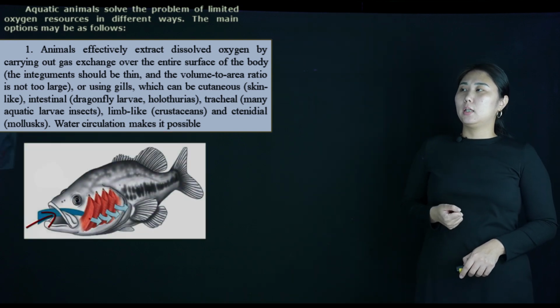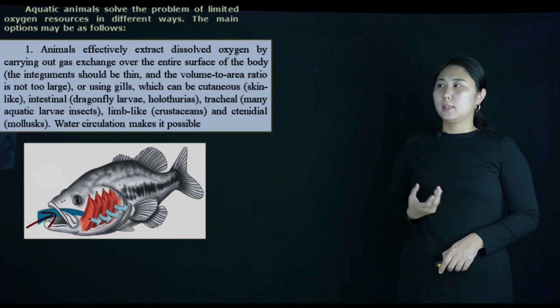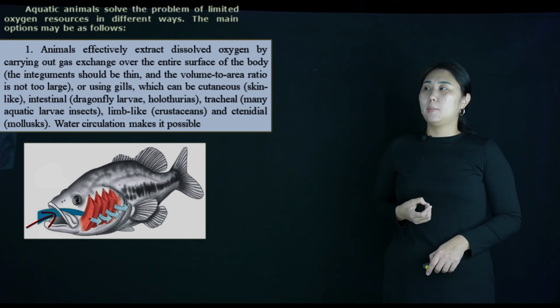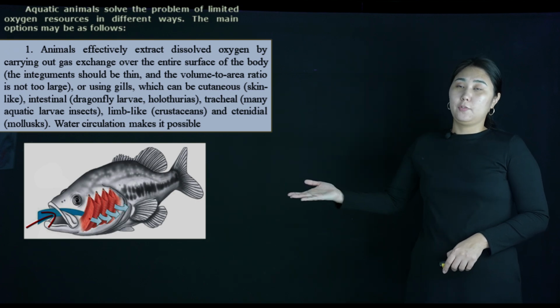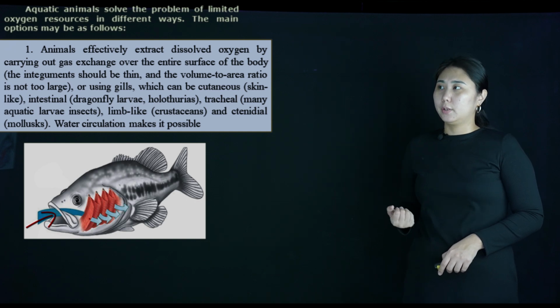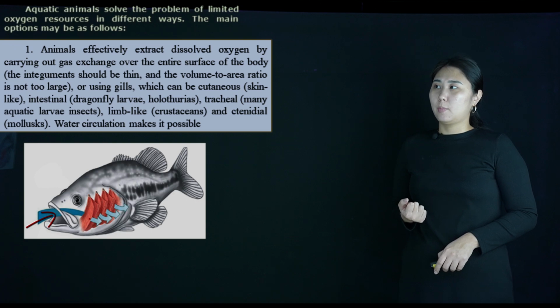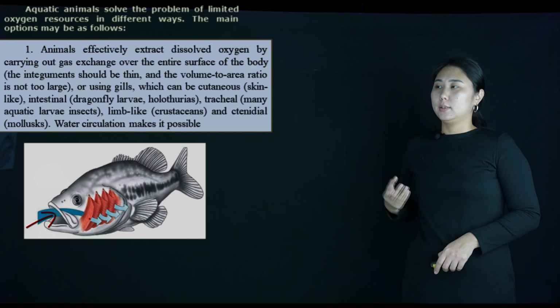Aquatic animals solve their problem of limited oxygen resource in different ways. The main options may be as follows. First, you can see the fish, which get oxygen from the water. Animals effectively extract dissolved oxygen by carrying out gas exchange over the entire surface of the body, or using their gills.